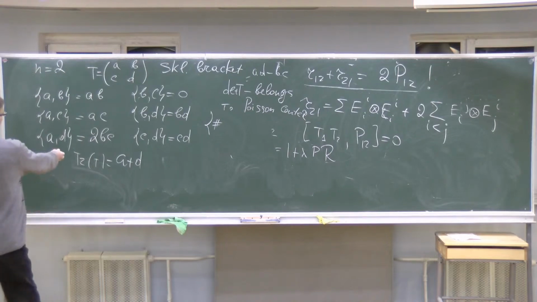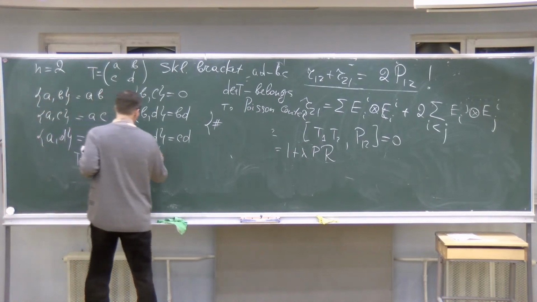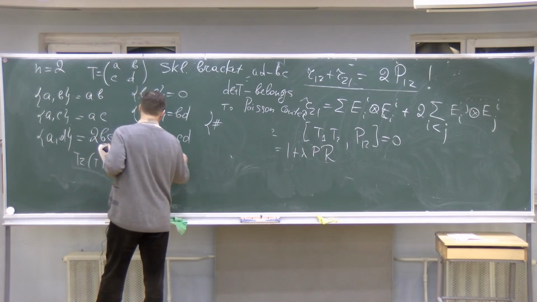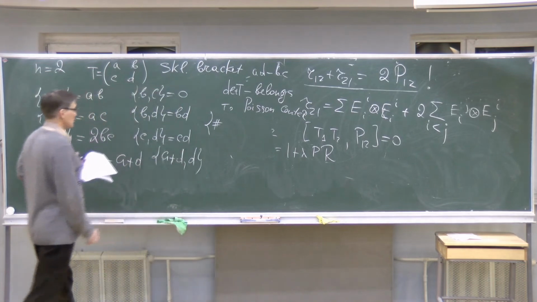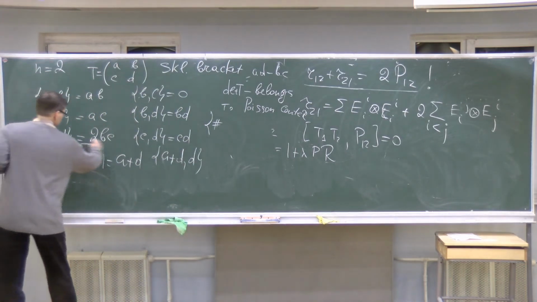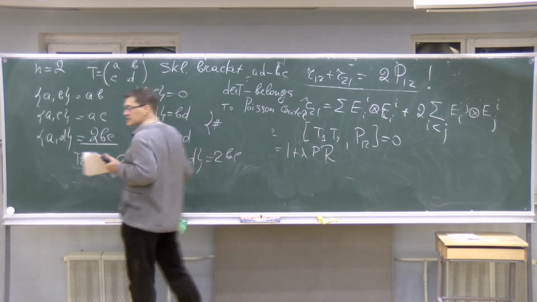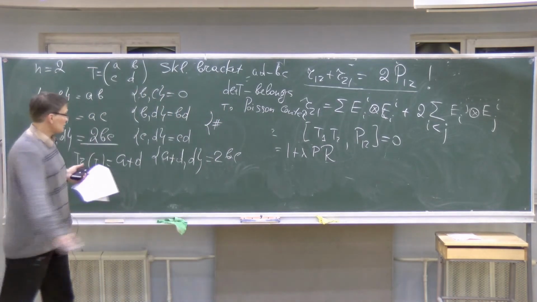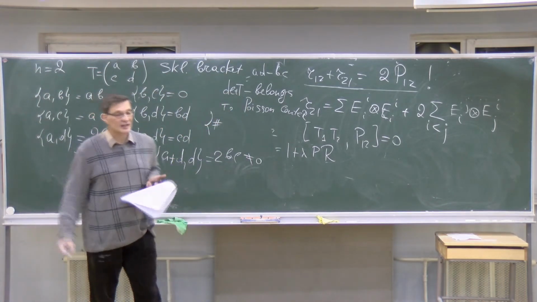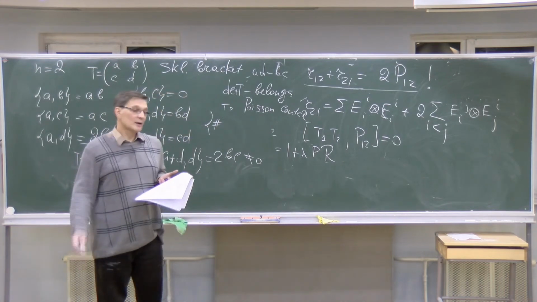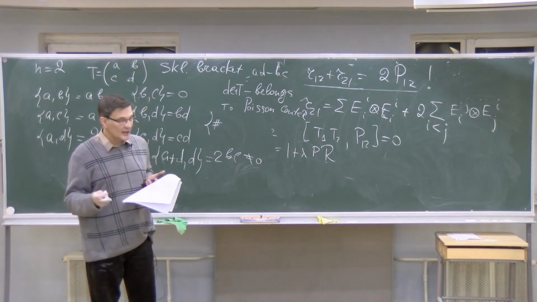For example, if we calculate the Poisson bracket of A plus D with element D, we get 2BC, and D with D is 0. It's not equal to 0. The trace is not a central element, and it can be proved for arbitrary n that the only central element is the determinant.